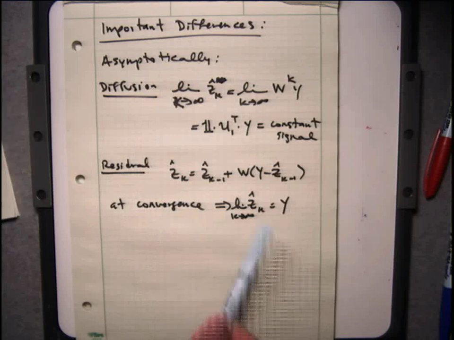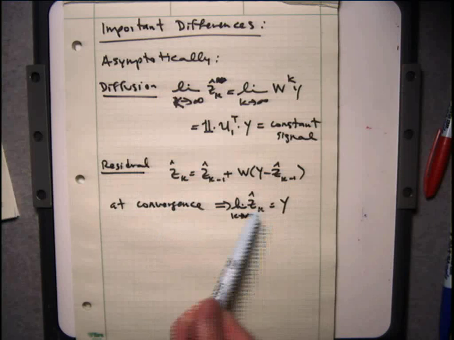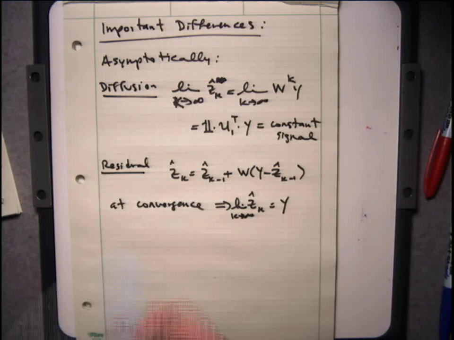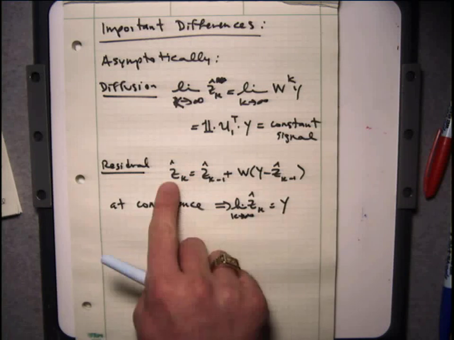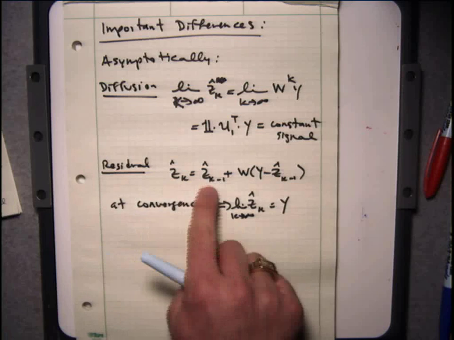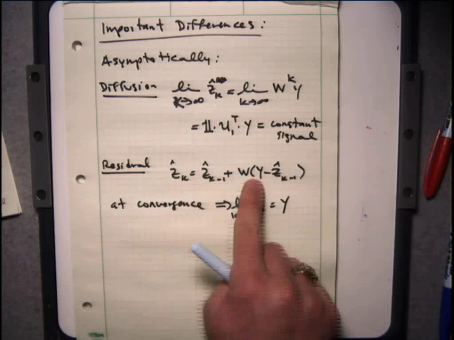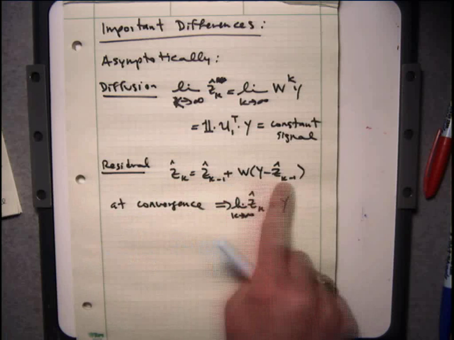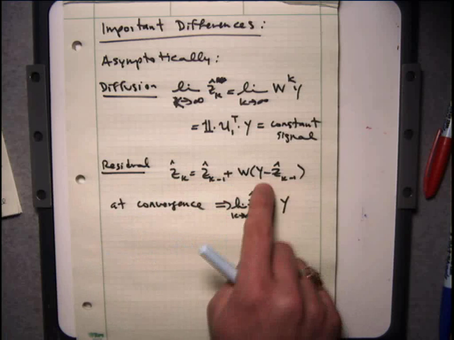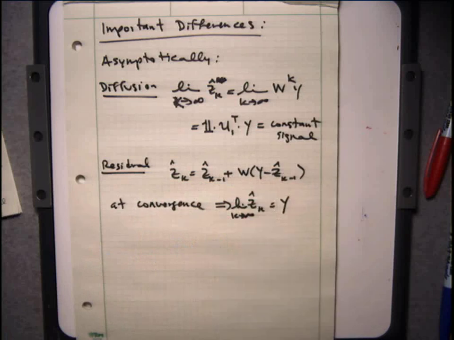Now, why is it intuitively that you get the original data back? Because this iteration equals the previous iteration plus a bunch of details that I have extracted from the residuals, right? If you've done a perfect job, what are the residuals?